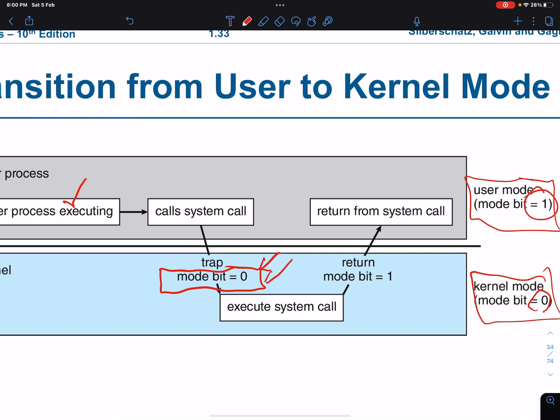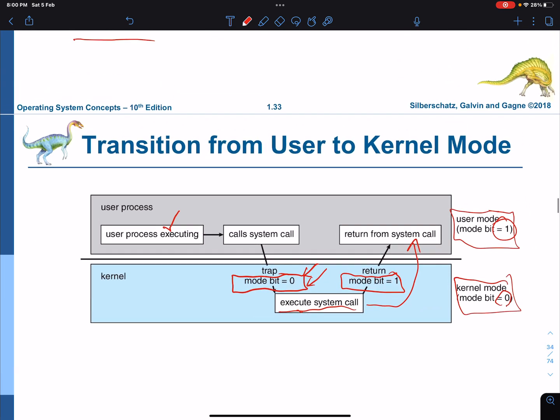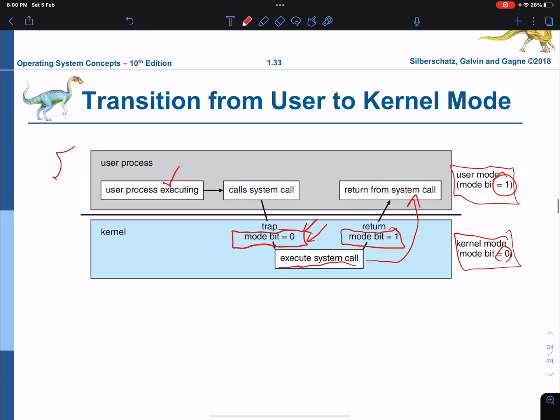Only after this is done, the kernel will run the service. Then after the execution is done, the kernel will change the bit to be a 1 and return data to the user. So the system call will basically return a result to the user. I hope this is very clear, and how moving from user mode to kernel mode occurs.